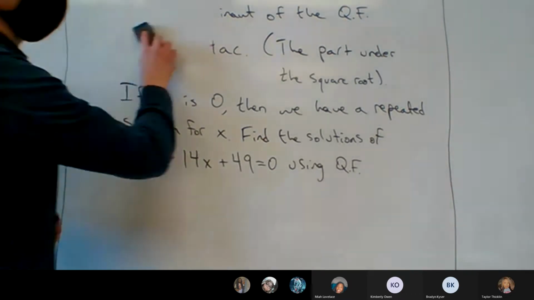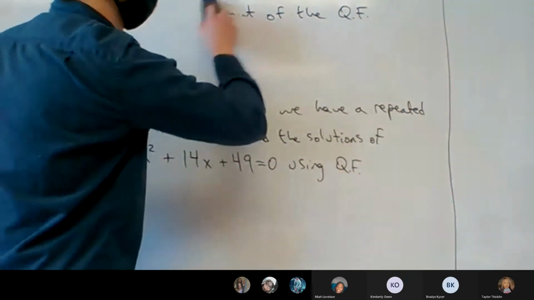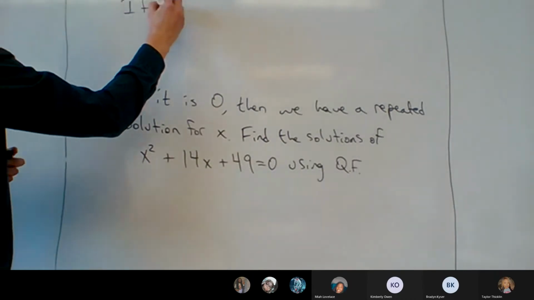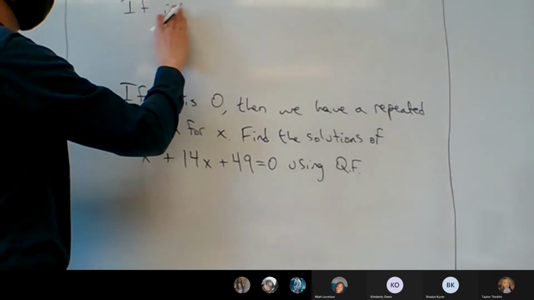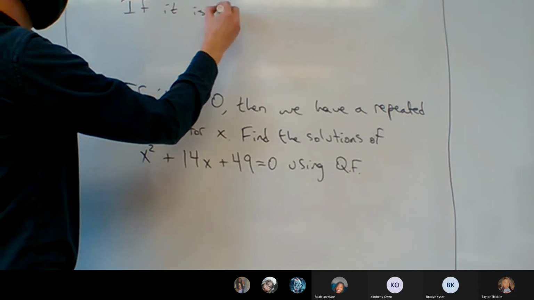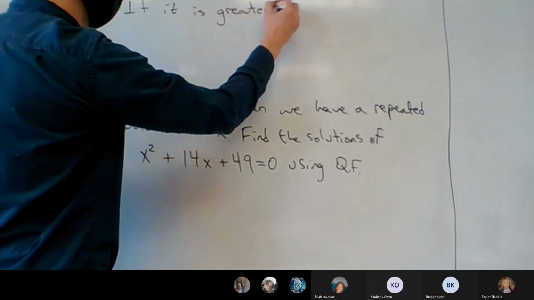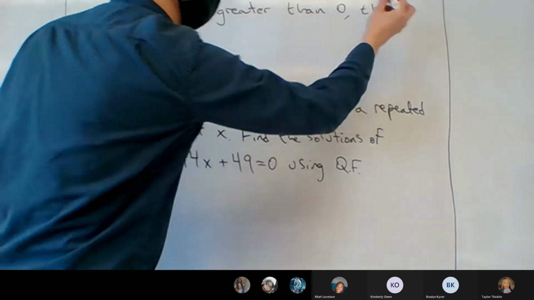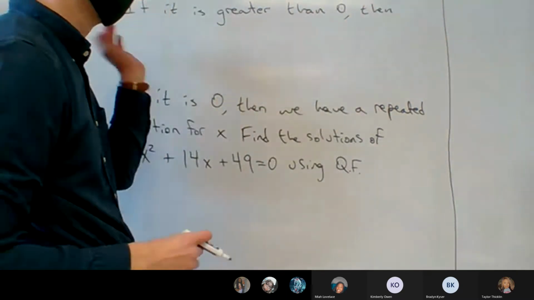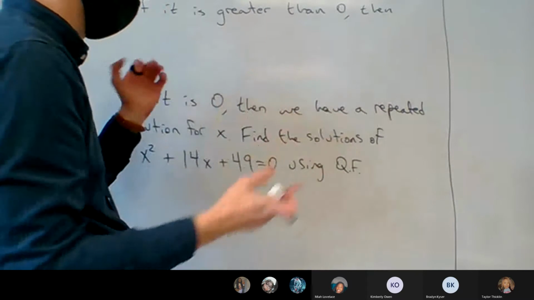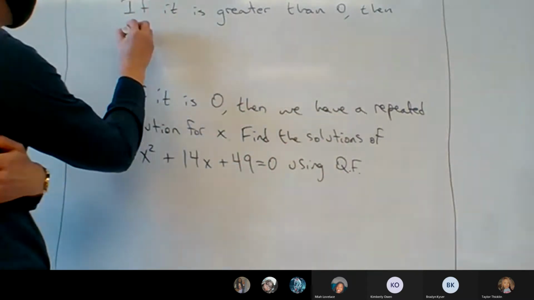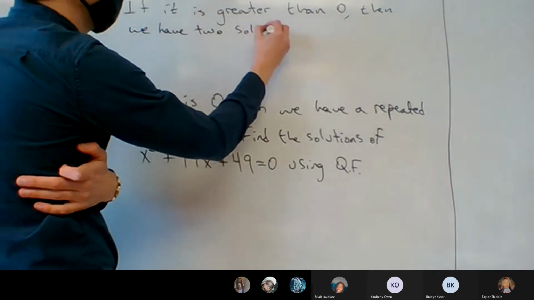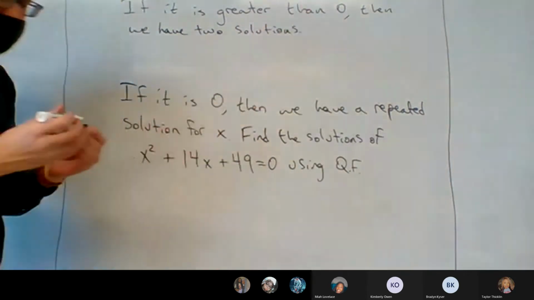Okay, I'm still talking about the discriminant. So here's the second statement. If it is greater than 0, like every single problem that we worked out today, the discriminant was not 0, right? It was bigger than 0. Then we have two solutions. This doesn't say if they're nice or not.